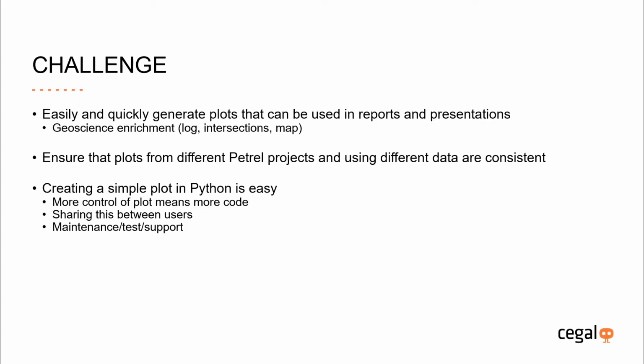It helps tie the story together if you can see information in the form of a map or an intersection or a well section. You want those plots that you're used to using in all the applications that you use day to day, but you want to see them in your Jupyter Notebook, and you want to see them consistent.